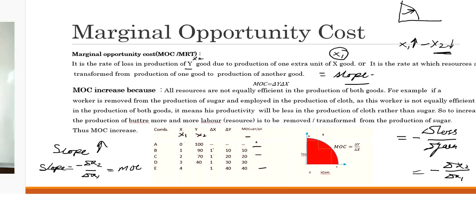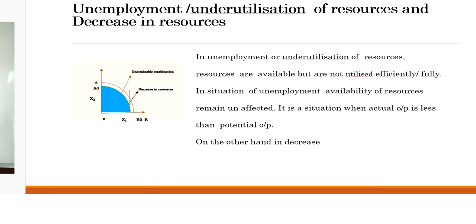Why does it happen? Because resources are not equally efficient. That's why we have to give up more and more. Means we have to transform more and more resources from X2 to X1. This is the reason PPC is concave.